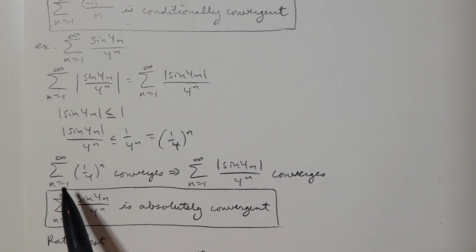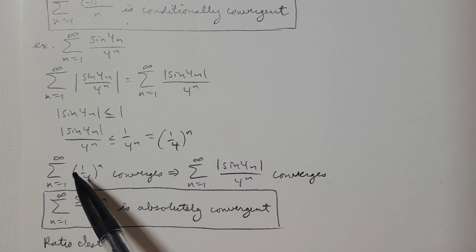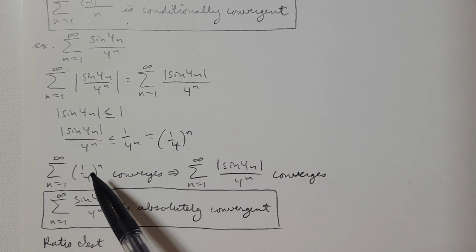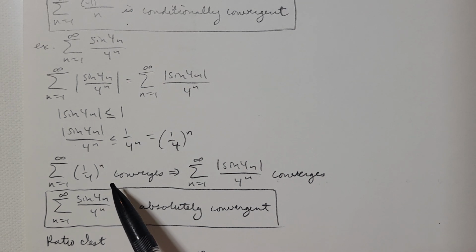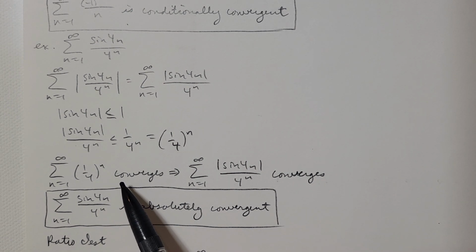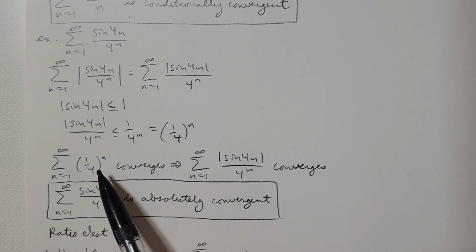To find out what this series converges to, I'd have to pull out a 1/4, so it'd be 1/4 times (1/4) to the n minus 1, and then I could use the formula. It's not necessary to do that, though, because all we care about is, does the series converge or diverge? Well, it converges, because r is less than 1 and bigger than -1.